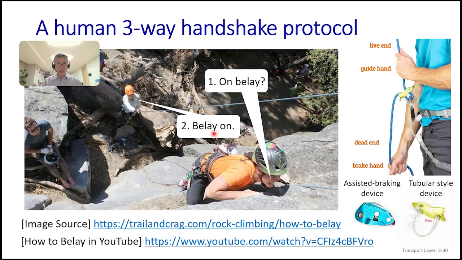Then the climber says, I'm climbing. So the first is a kind of SYN message, the second is a kind of SYN ACK, and then climbing is the ACK. So this is a human three-way handshaking protocol. To watch how to belay, you can click this link on YouTube.